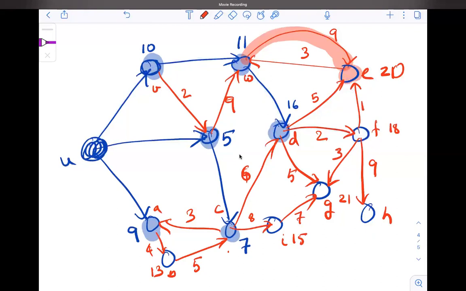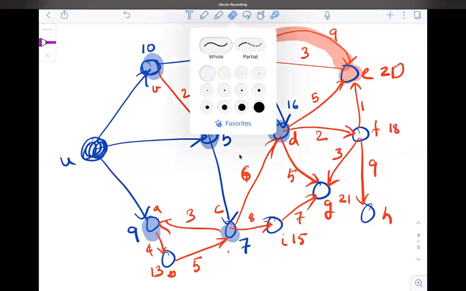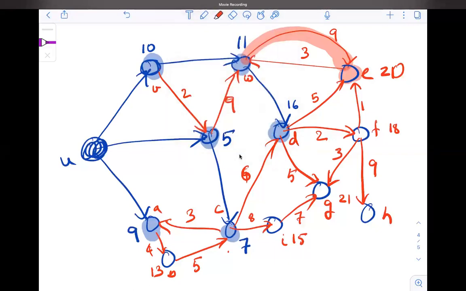That we cannot say. But among all the vertices that have not been touched, note that this vertex 13 has the minimum. It's 13, 15, 21, 18, 20. This is the minimum.